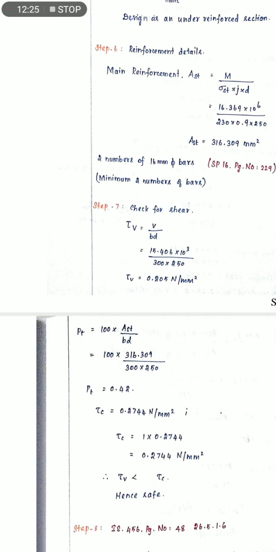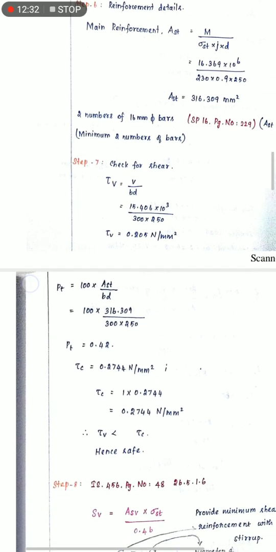Applying these values, we get PT equal to 0.42 percent. Therefore, according to PT and grade of concrete, we can read out the tau c value from IS 456, that is 0.2744 Newton per mm square. Here tau v is less than tau c, hence safe.